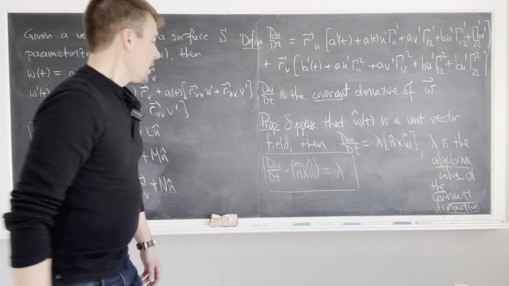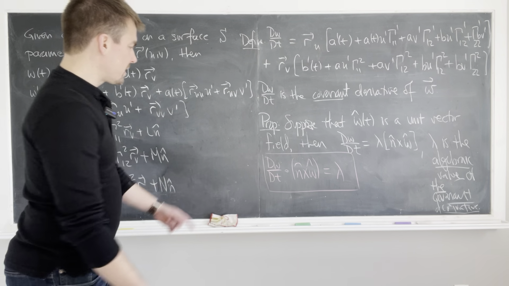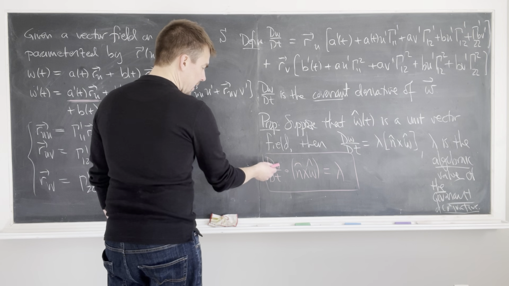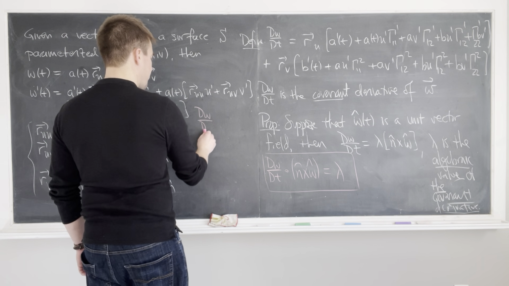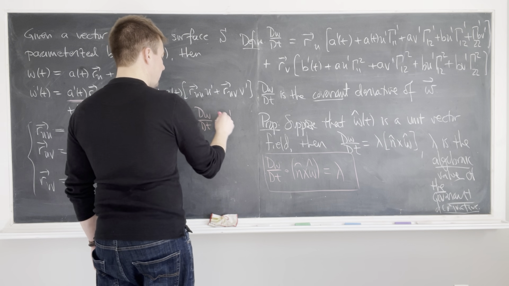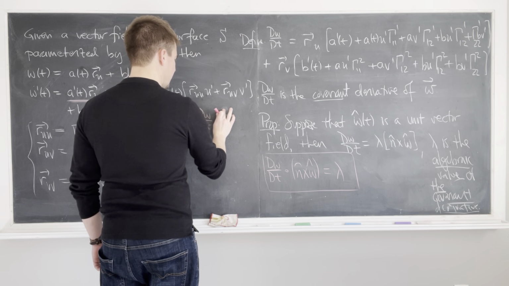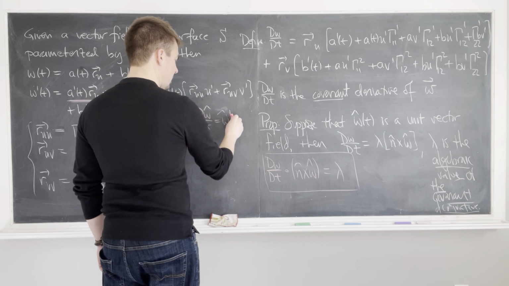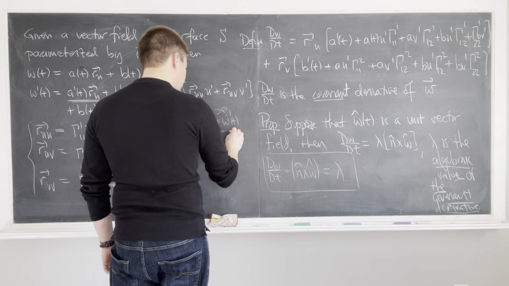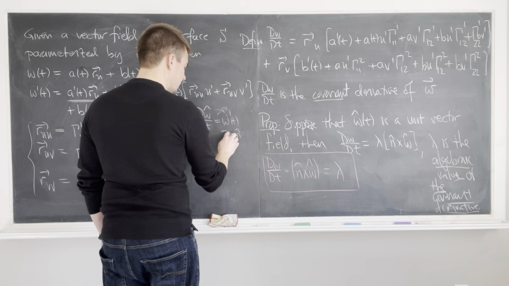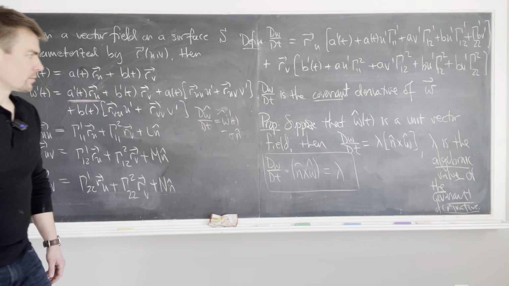Okay. And furthermore, what do we know? We know that this thing over here, this dw dt, is really w prime minus some constant, let's call it sigma n hat, right? Since dw dt is w prime of t, and this is a unit vector in this case. Some number that's in the normal direction, right?